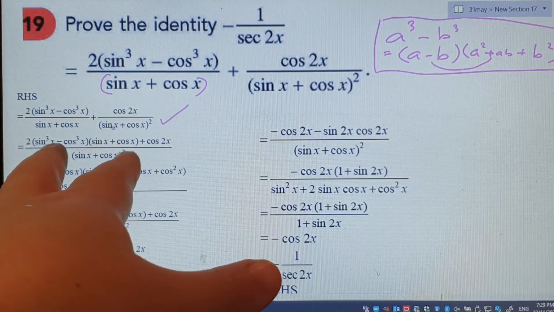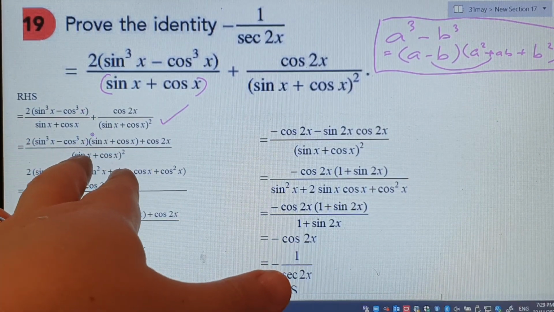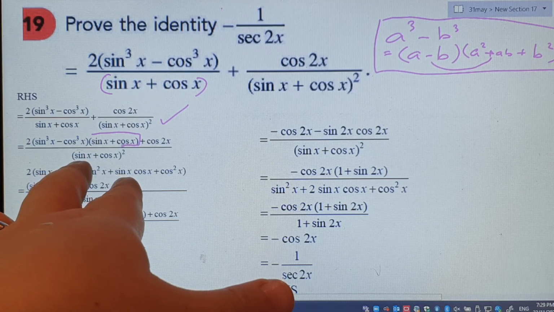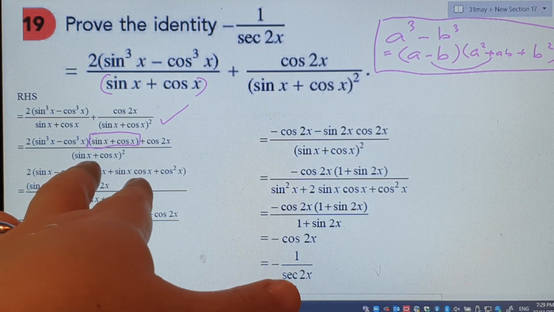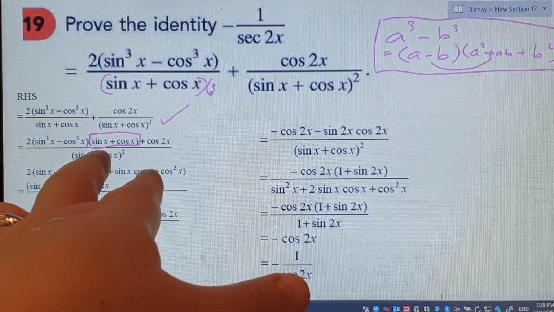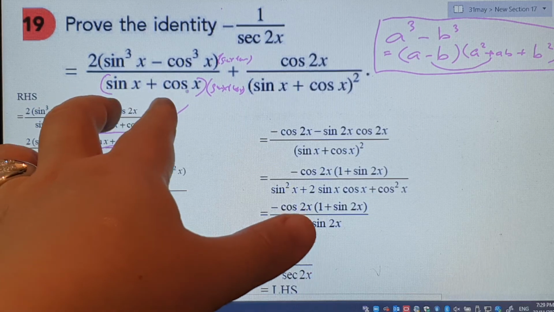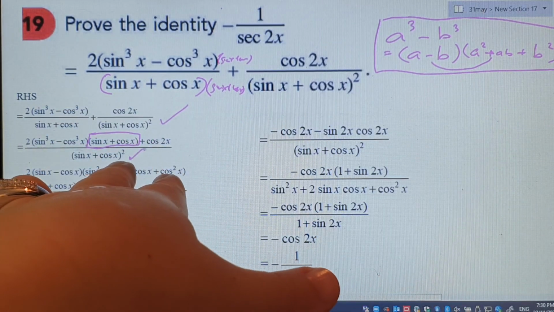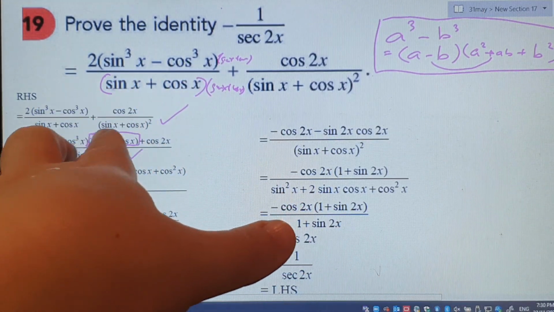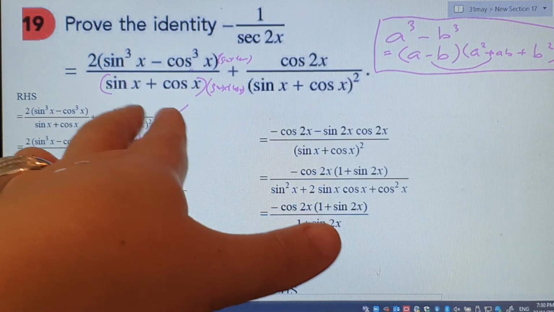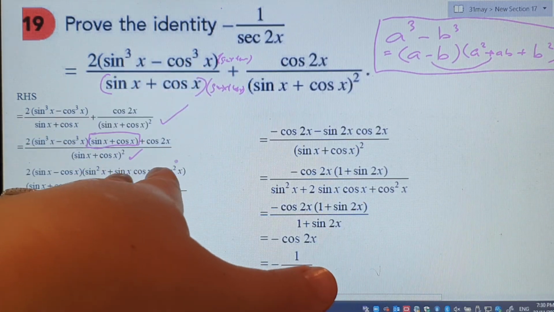This one is just copying the question. I multiply by sine x plus cos x, sine x plus cos x, so that the denominators are both the same. And then you can expand the numerator.